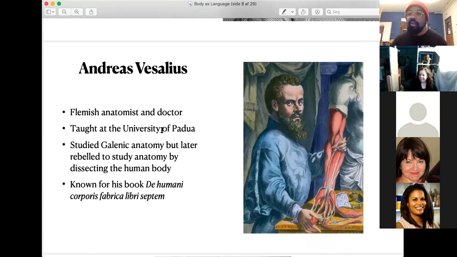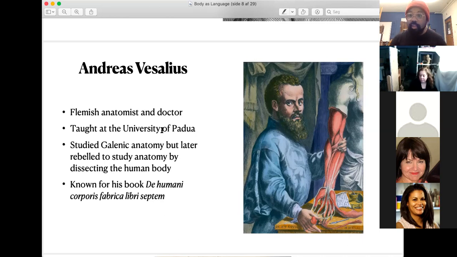And he studied Galenic anatomy, meaning studying anatomy by way of not dissecting humans, but dissecting animals and pets. But he later realized, Vesalius realized that no, this is not correct. That's not how it's done. It would make more sense to dissect humans if we're going to talk and write about humans.